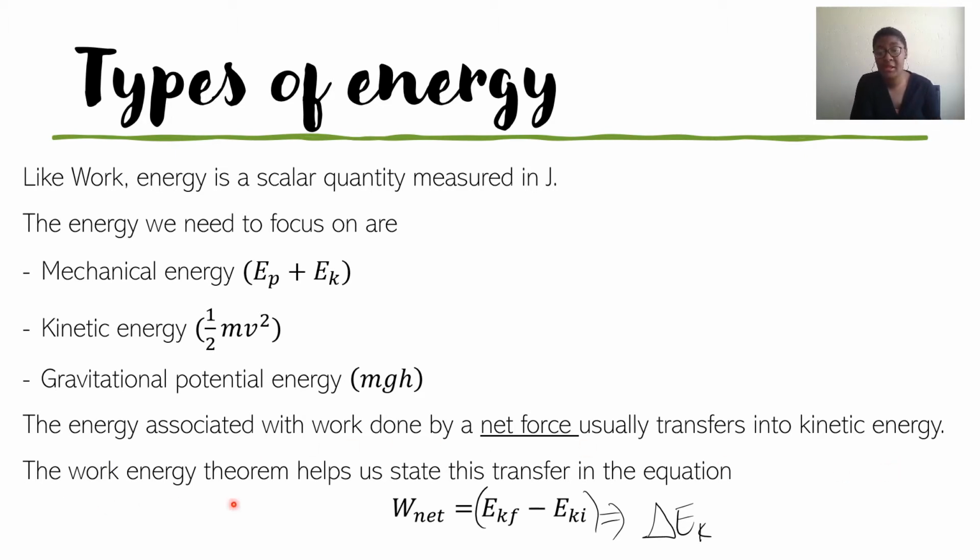Okay, so the work energy theorem comes in and helps us state this transfer in a mathematical equation where your net work done will be represented by the kinetic energy at the final stage minus the kinetic energy at the initial stage, which can be represented as delta EK, the change in kinetic energy. Now remember, just like work, energy is a scalar quantity and will also be measured in joules.